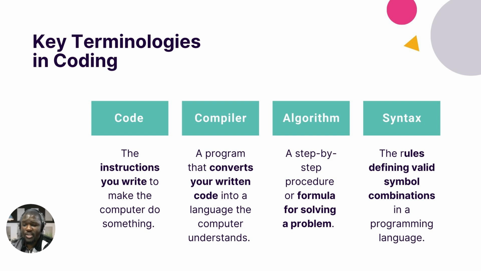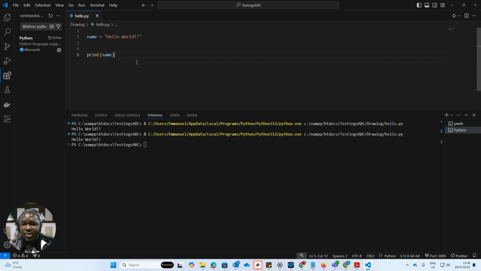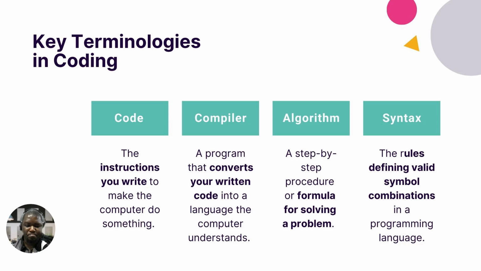The instructions you write, this is what we call code. Whatever I've written here, this is what we call code. In academic research, what you write in a notebook are notes. In programming, what you write as a programmer is what we call code.